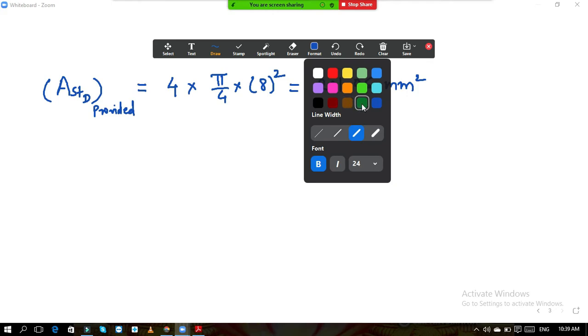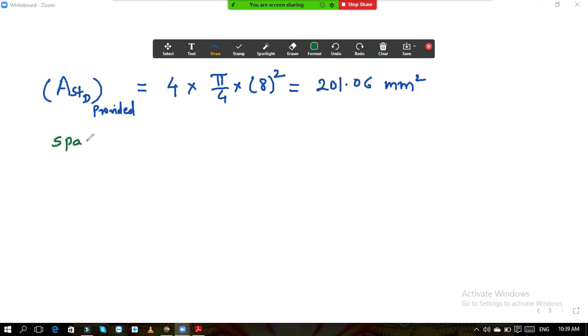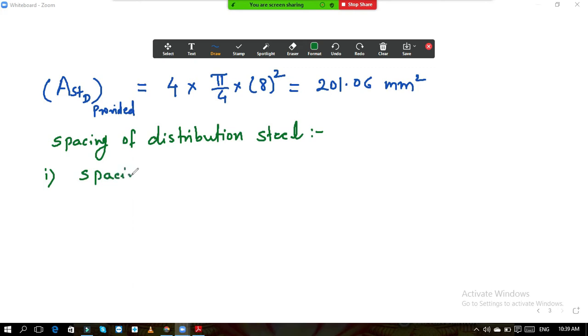So the next point is spacing of distribution steel. Again, first we will calculate the spacing by using the formula. Spacing is equal to area of single bar divided by Ast D provided, multiplied by width.